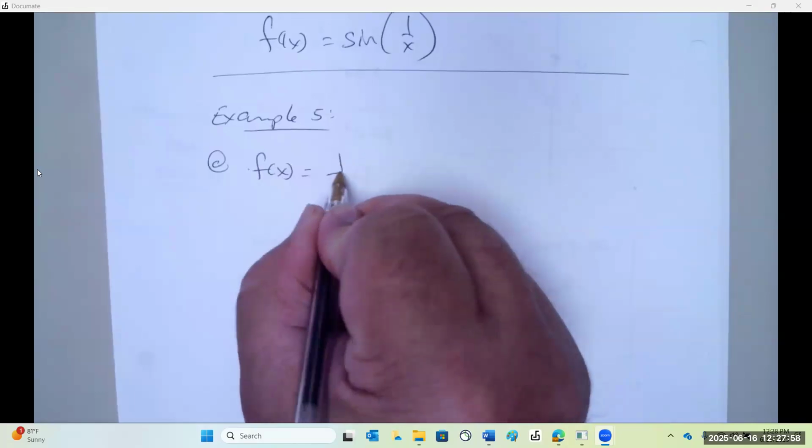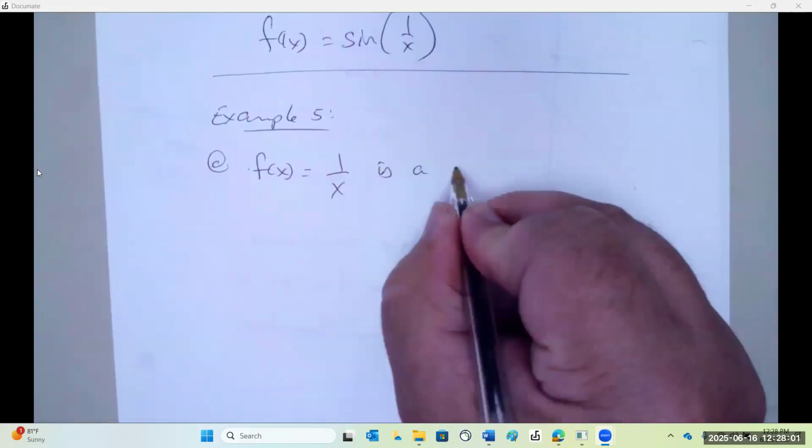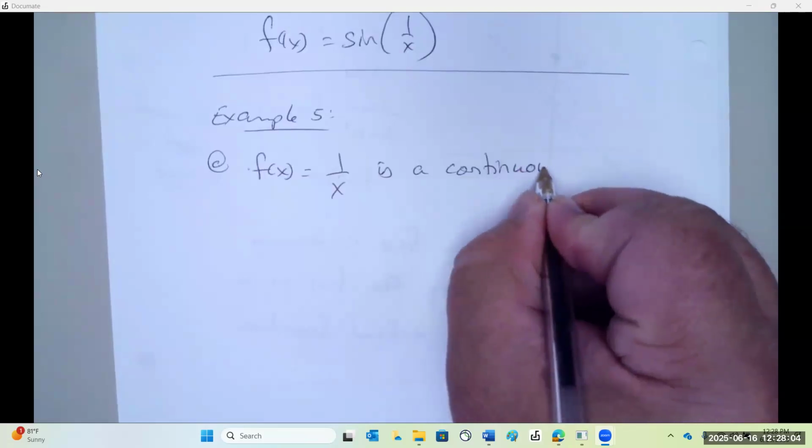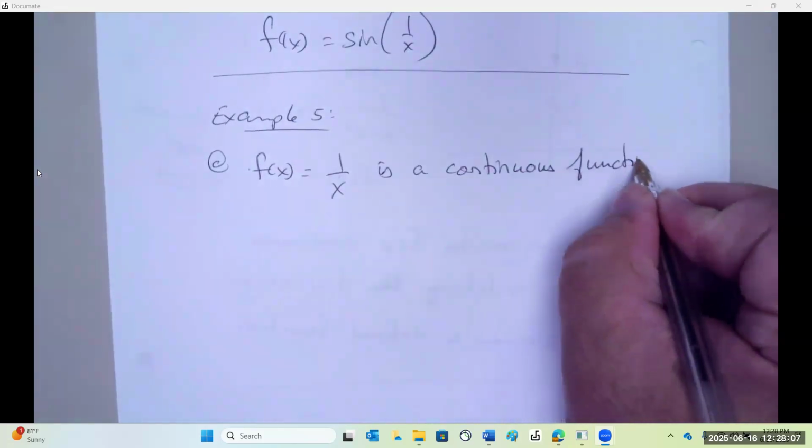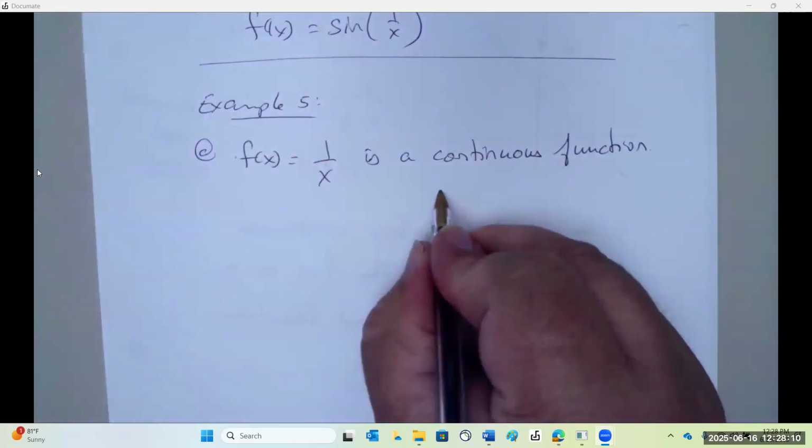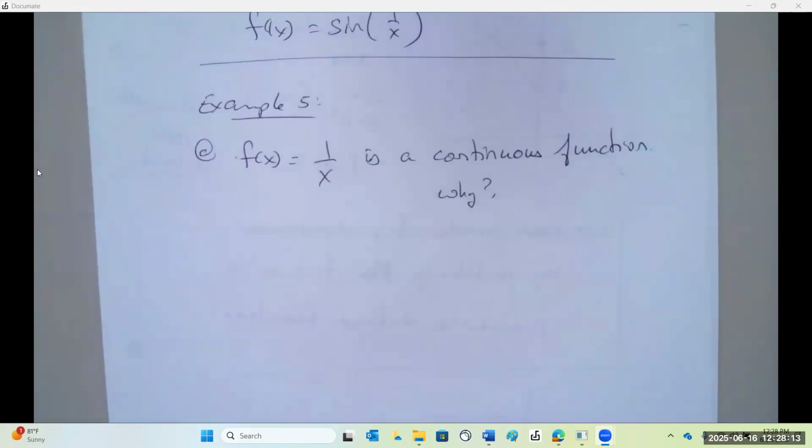f of x equals 1/x is a continuous function. Why? Yes, but in a nutshell, in a more succinct reason why.